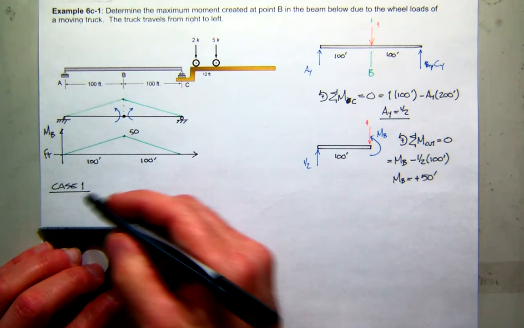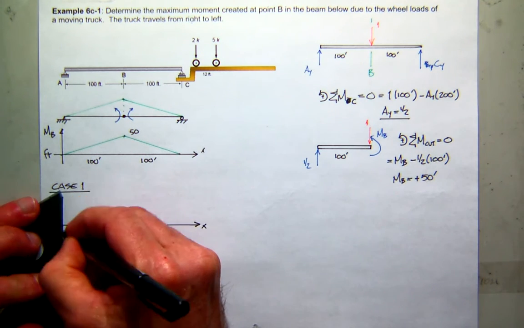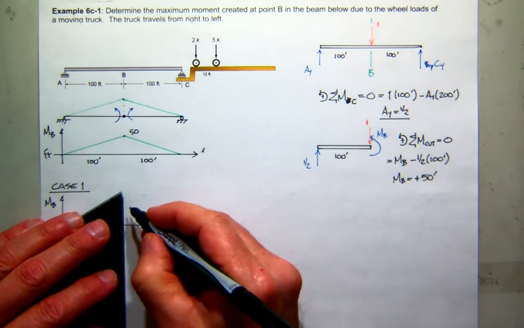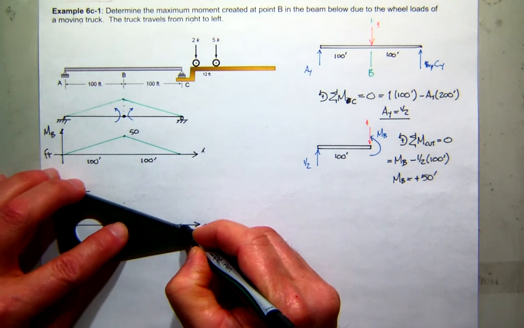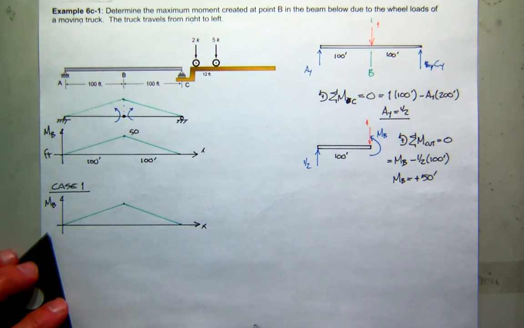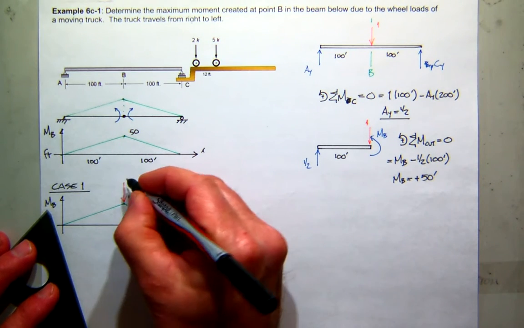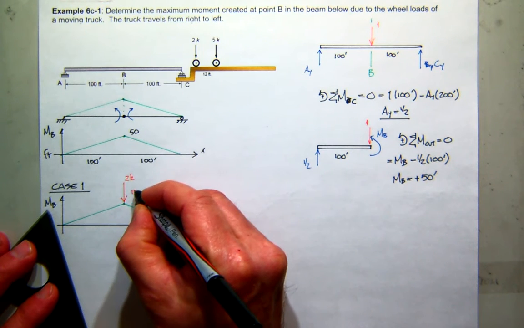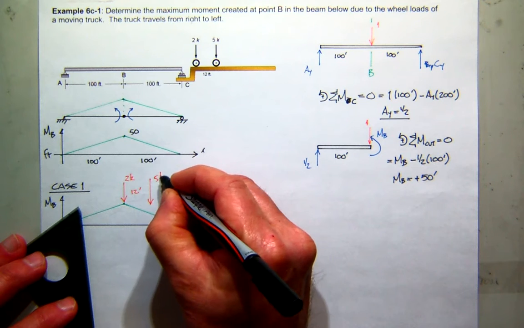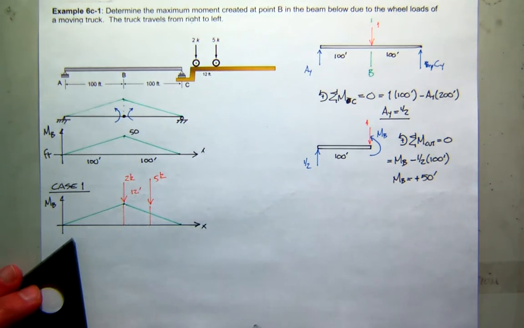So let's see if I can draw this. So I'm going to quickly redraw my moment at B. And then I'm going to imagine that my first load comes to that point. So there's my 2 kip force. And then 12 feet back is my 5 kip force. So I'm going to need to find ordinate values at 2 locations.